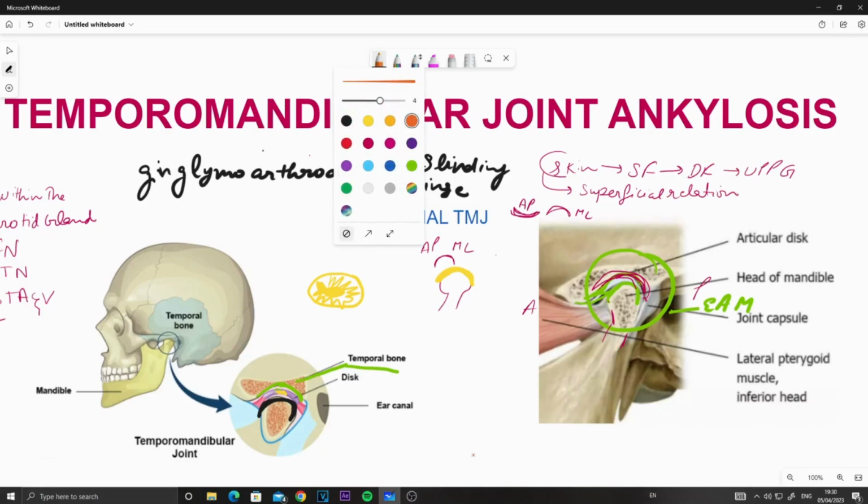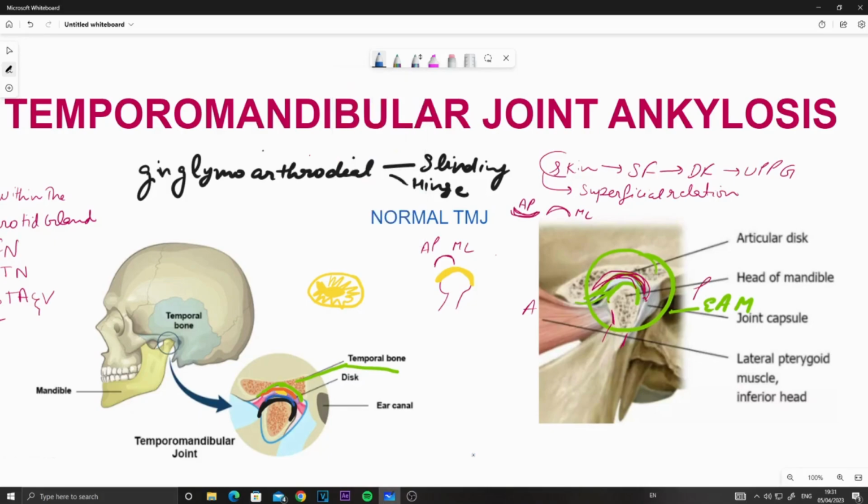Now between the glenoid fossa and the articular disc, this region will be the upper compartment, and this will be the lower compartment.